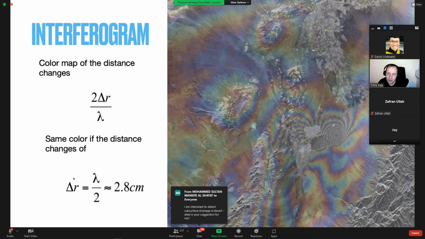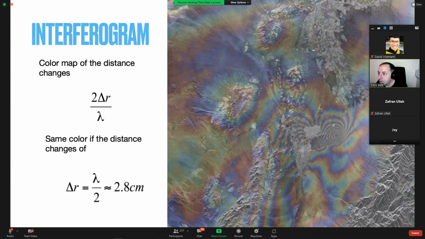Distance can change between two images because something was moving between them. But distance change can also be caused by the topography. Because we're looking from different angles, the distance changes are also caused by topographical differences and can be used to create a DEM.